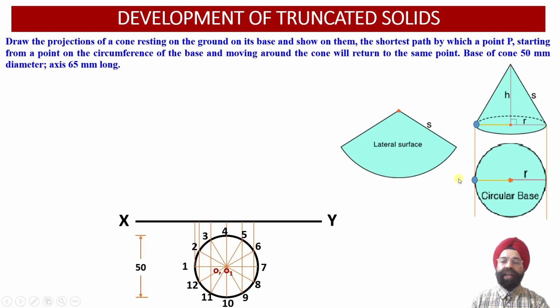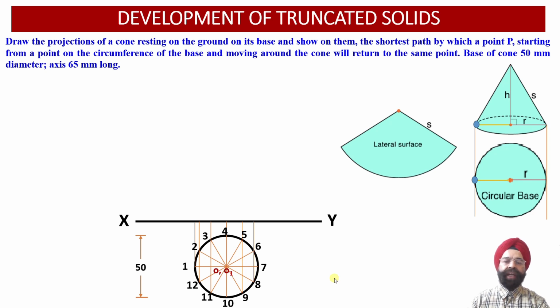So point O is the apex point of the cone, while point O1 represents the axis point corresponding to the base of the cone. So now since we have divided the circle into 12 equal parts, there will be 12 slant generators which will be available. So now we have joined all the 12 slant generators into the top view projections over here.